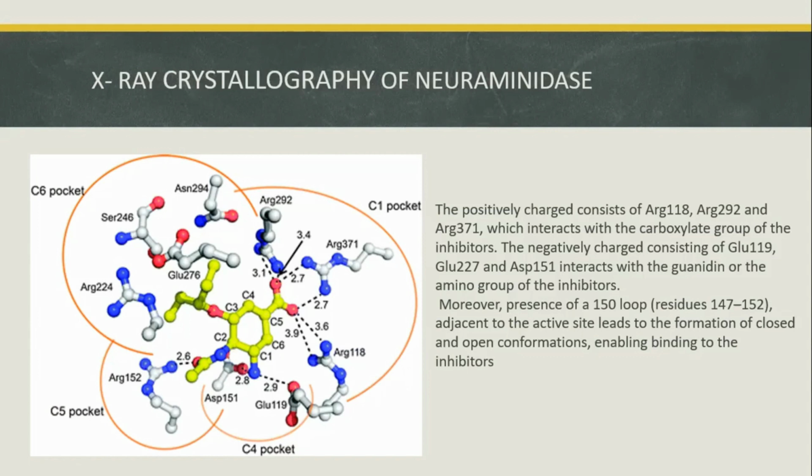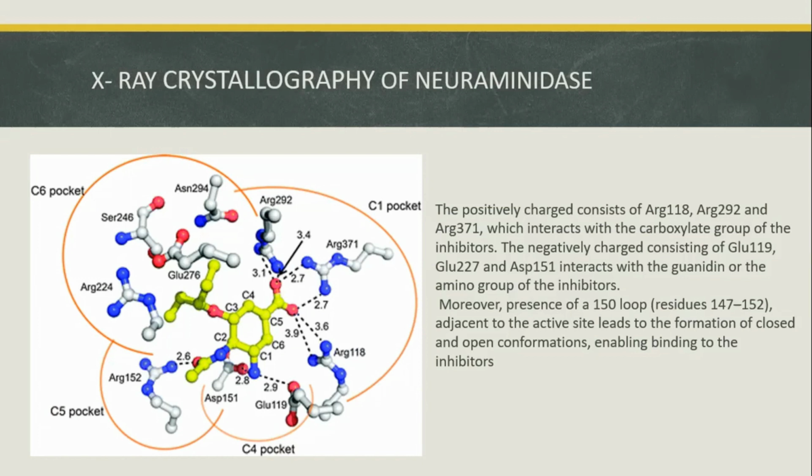This NA is a tetramer, and each polypeptide contains about 470 amino acids arranged in 4 domains. From this structure, we can identify that the positive charge residues, arginine 118, 292, and 371, can interact with the carboxylic group of the inhibitor, while the negative charge residues of neuraminidase can interact with the guanidine or amino group of the inhibitor.